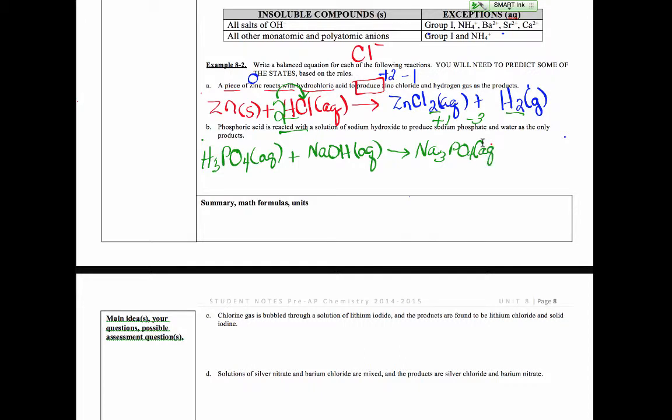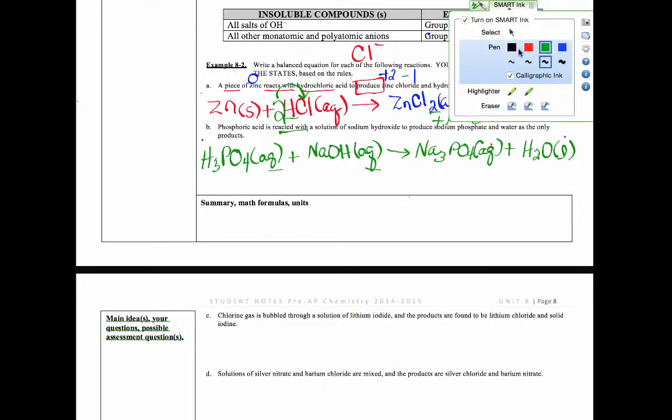We have water present because we're mixing solutions. So there's lots of water present, so that's aqueous. And then we're going to make water, and we use the (l) for liquid for the water as the solvent. And they're the only products. Okay, so those are our formulas and our states. Now we have to balance it.